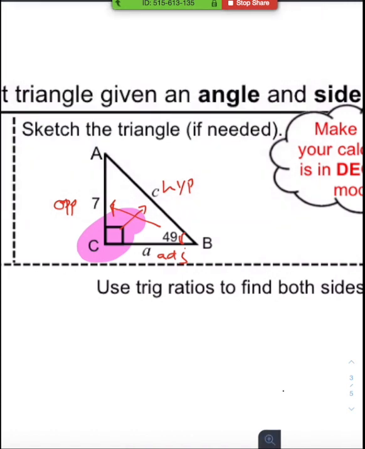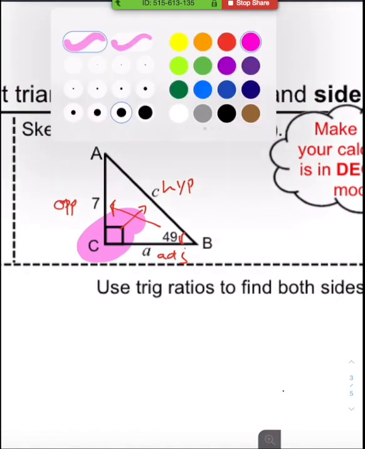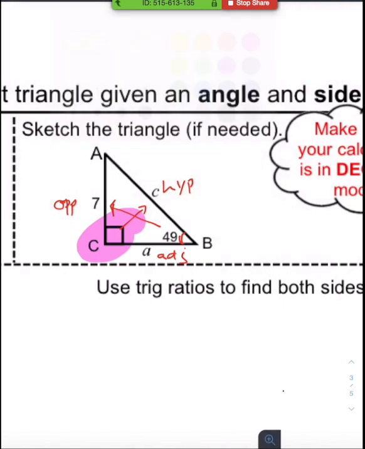If we want to solve for A, we have opposite, we have adjacent. The ratio that relates these 2 has to be tangent. You need to memorize this by now. Tangent has to equal the opposite over the adjacent sides.